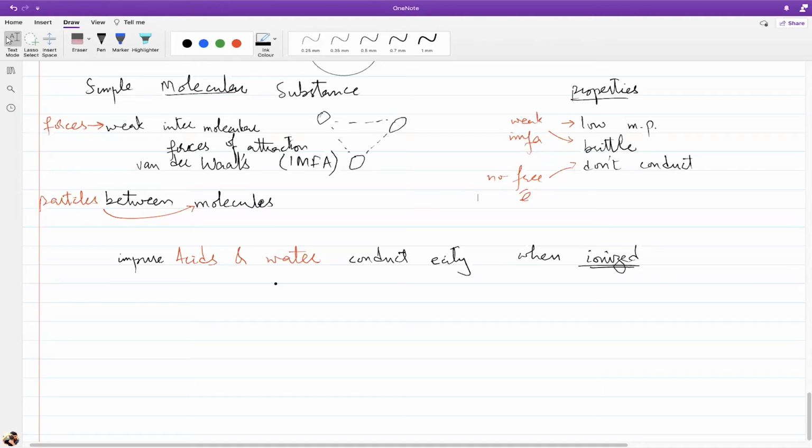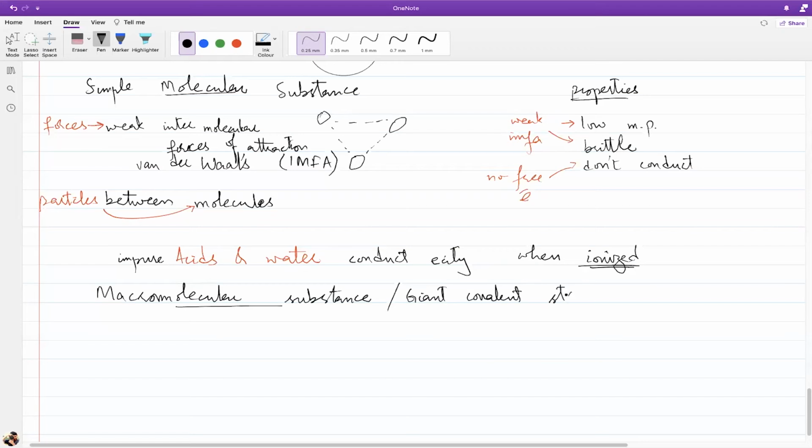But there are another kind of molecules that are quite opposite to this, and those are called macromolecular substances. Another name that they have is giant covalent structures.